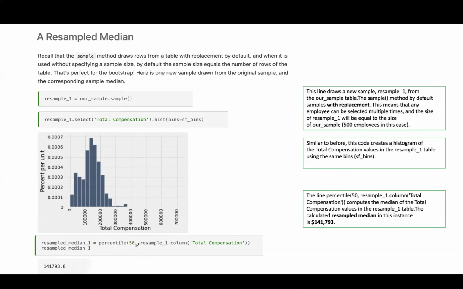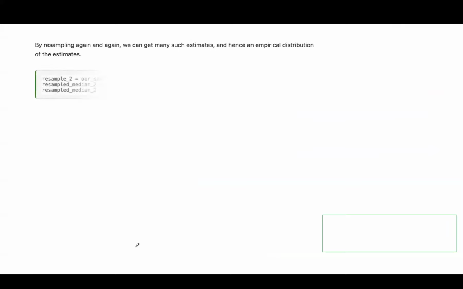This is the resampled median. So we can repeat this process. By resampling again and again, we can get many such estimates and an empirical distribution of the estimates.